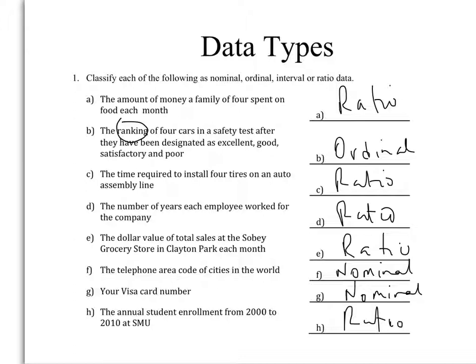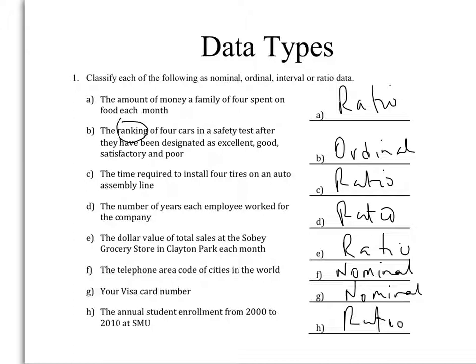So as you could see, we really don't have any interval examples in this case right here. One of the ways to get interval data is that if we took a rating scale and then we converted it to numerical values. So for example, if we took excellent, satisfactory, etc., and we said, let's make excellent 10. Let's make good 5. Let's make fair 0.